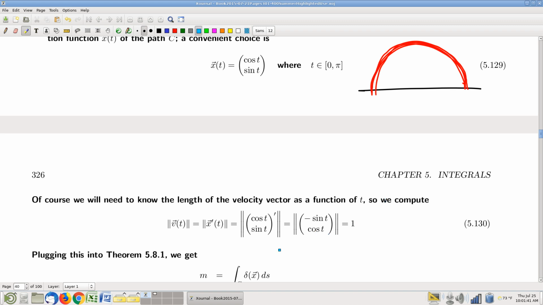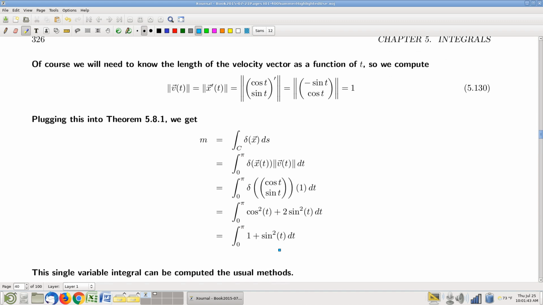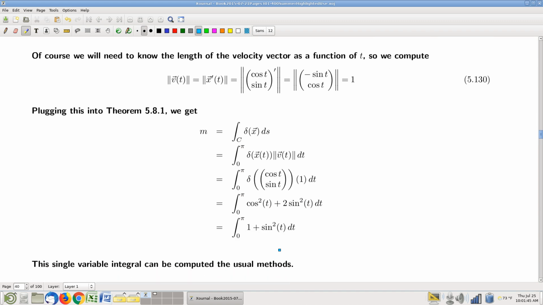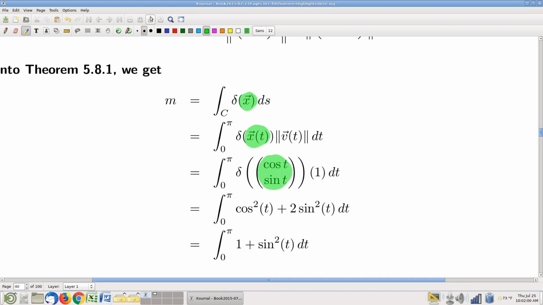Okay. And now we're just going to pull back through the parameterization. So here we go. Our parameterization, x, was given as a function of t like that. There's our parameterization. Density as a function of x.